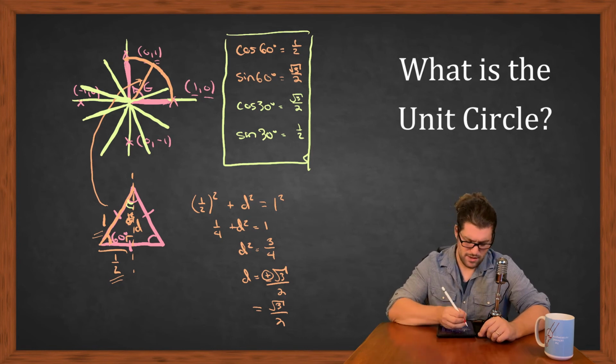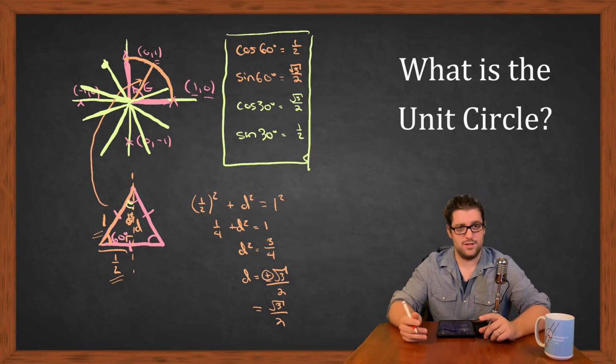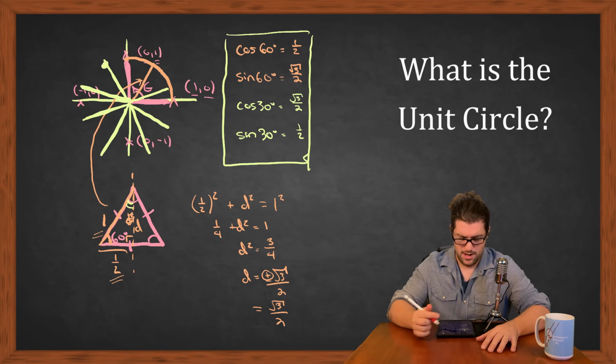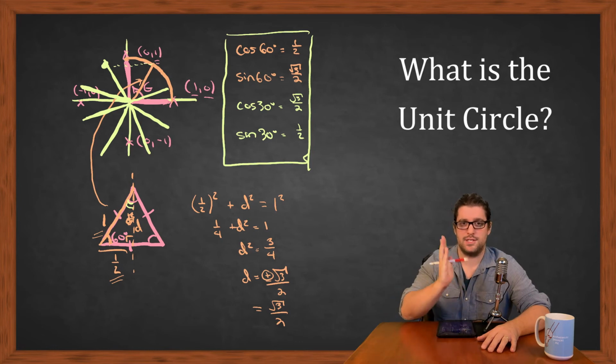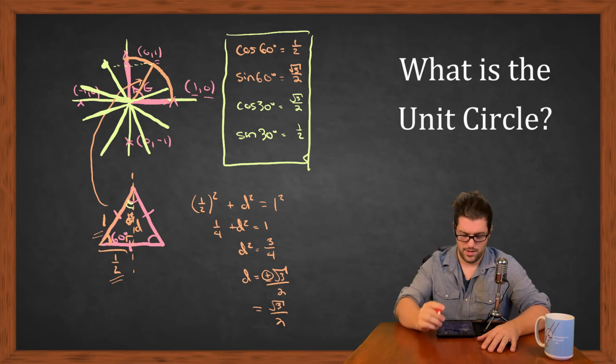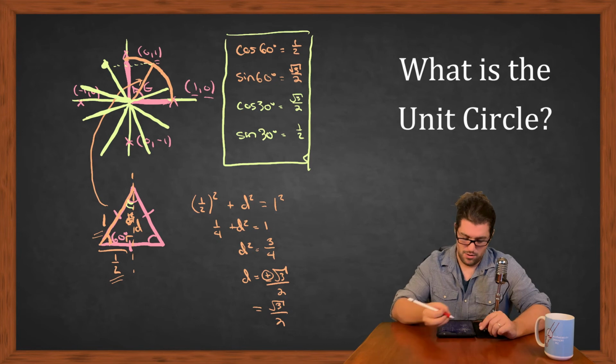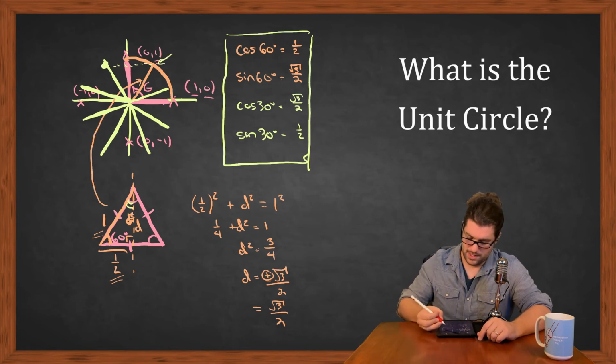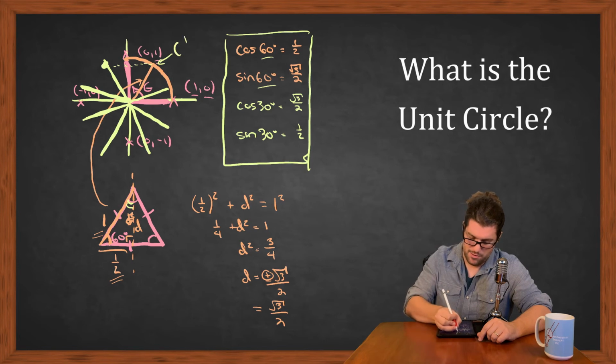So if I wanted to know the x and the y value at this position, the x value is going to be the same but the opposite sign as the x value it's symmetrical with on the other side. So this point, because it's the 60-degree angle, has coordinates 1/2 comma root 3 over 2.